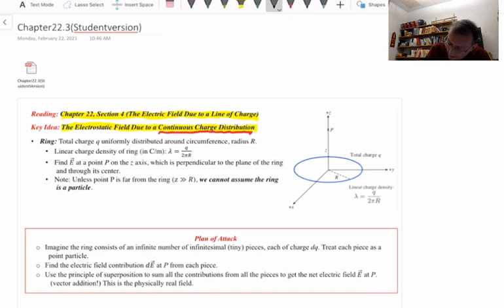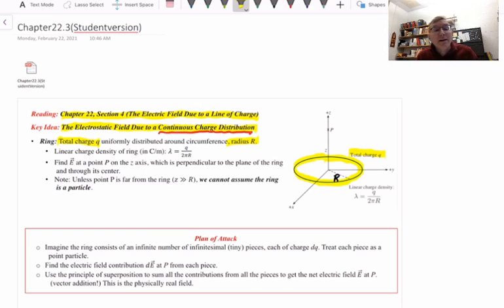That's denoted here with capital R. And we're going to take some total amount of charge, we'll just call that little q, and we're going to smear that out, almost like paint, and smear it out evenly, that's important, around the circumference of that ring. Okay? Total charge q smeared out evenly around the circumference of that ring. Again, the ring has some radius, big R.